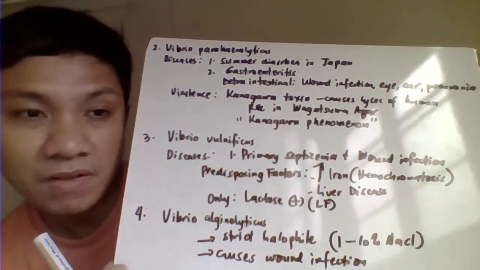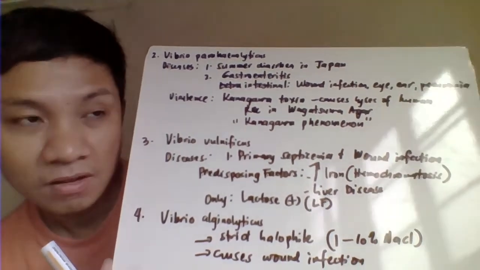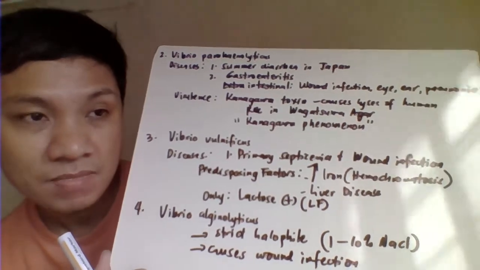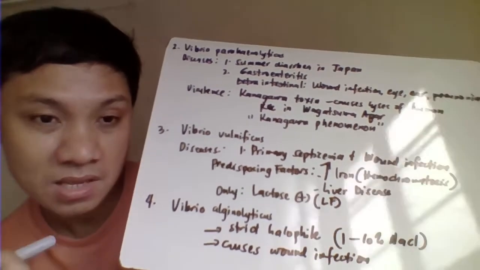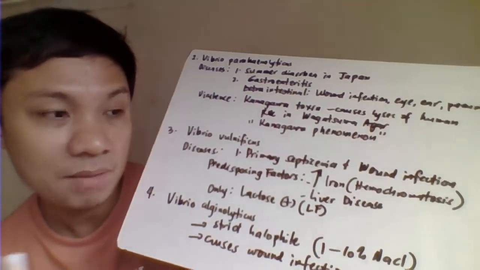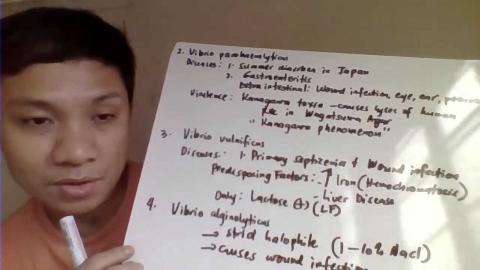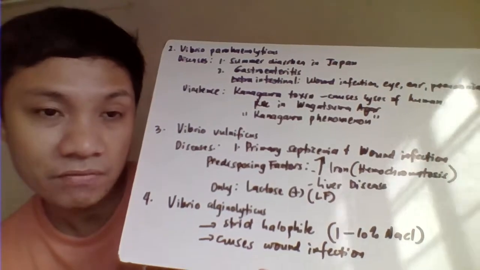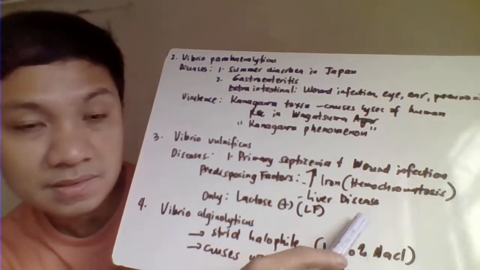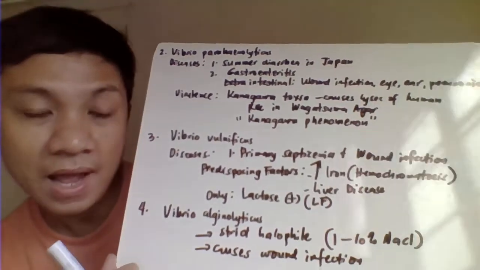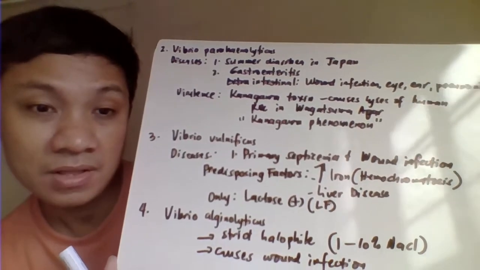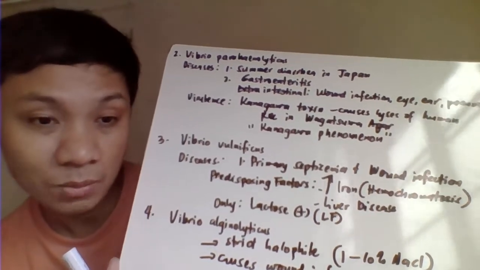Then we have also here Vibrio vulnificus. Okay, the Vibrio vulnificus here is primarily causing two main infections. We have your primary septicemia or sepsis. Another one is your wound infection. So this would have an increased infection for those patients having a liver disease and for those patients having a high iron content in their body in the case of your hemochromatosis.